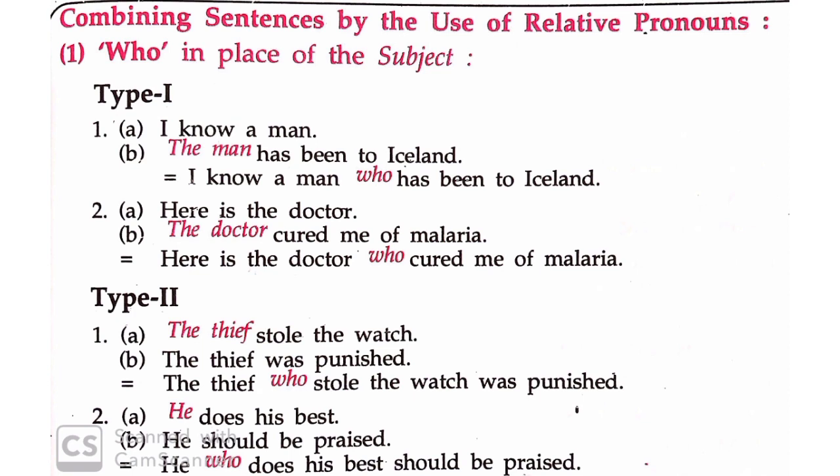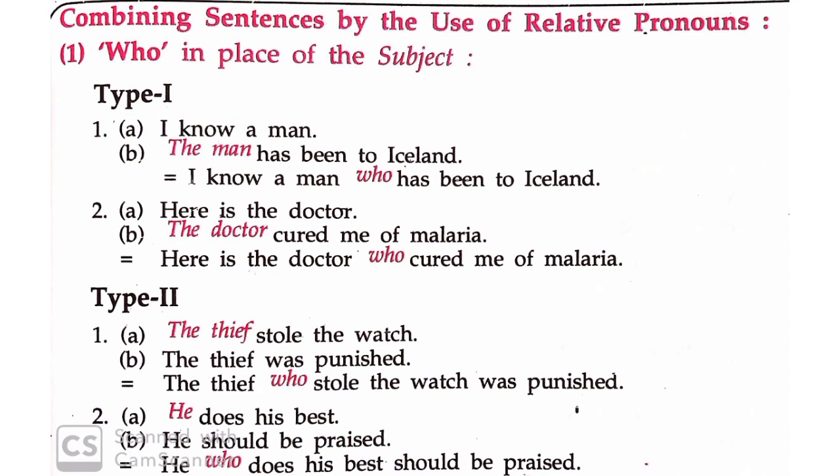See the first two statements. I know the man. The man has been to Ireland. Yes, I know the man is common, you have to keep it as it is. And instead of the second statement's subject, the man, you have to replace it with who. All the rest of the statement will be the same: has been to Ireland.